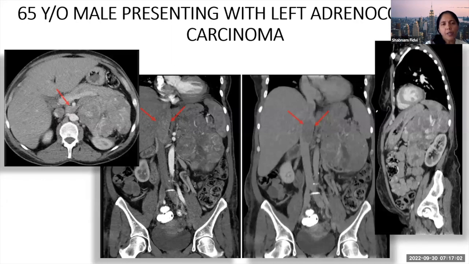On the axial phase, you can see enhancing tumor thrombus extending from the tumor into the left renal vein. The coronal image nicely shows enhancing tumor expanding the perirenal and intrahepatic IVC, both on the enhanced and the delayed images. And the sagittal image nicely shows that the tumor is actually extrarenal in origin.